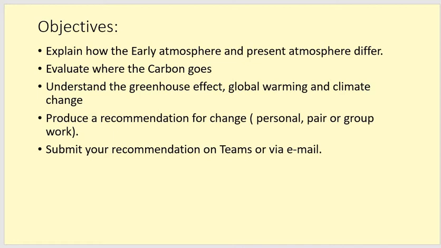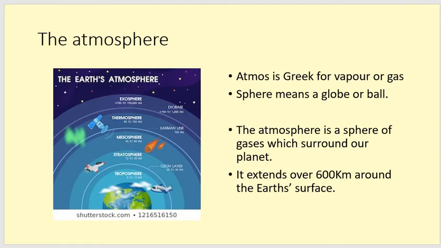You can do this as personal work, paired work or group work. I'll explain how to do that later on. And this will be an assessed activity where you're going to submit your recommendations to me either via Teams or via email. So let's get going, lots to do after all.